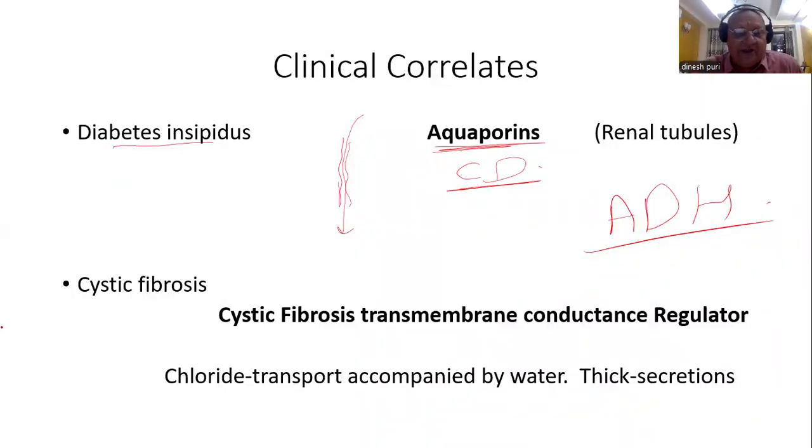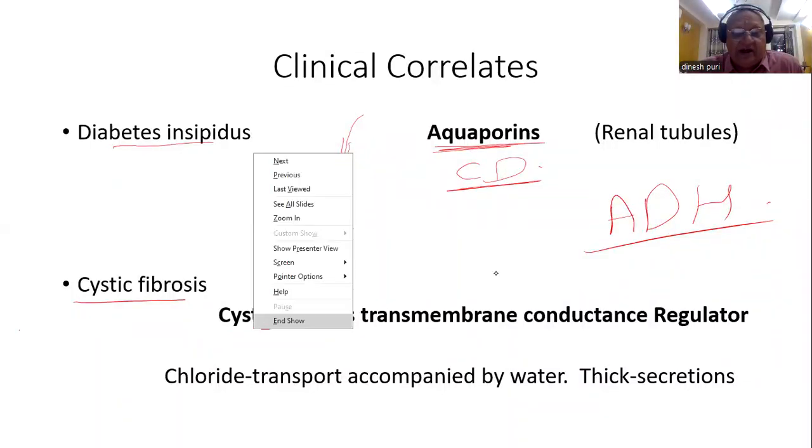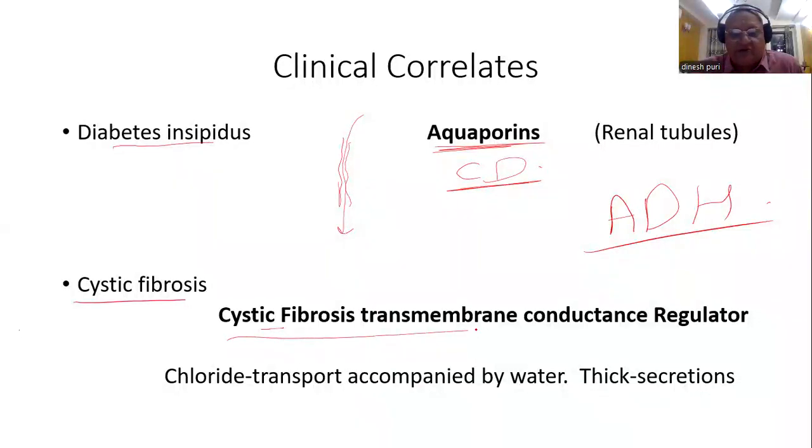Second condition, cystic fibrosis. There is a protein called CFTR, cystic fibrosis transmembrane conductance regulator. It is actually an ion channel through which chloride passes, and when chloride passes through it, it is accompanied by water. So with mutation in this protein, the movement of water is also hampered.